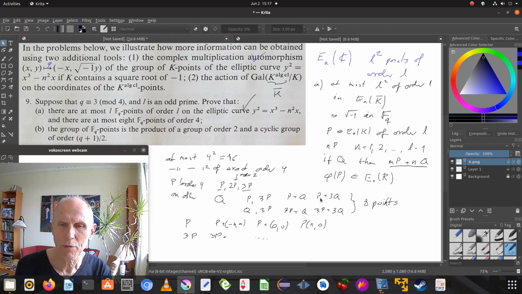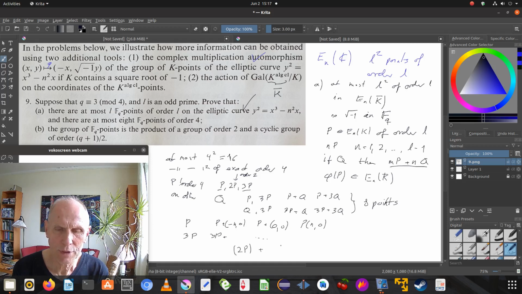That means we should be able to write the elements of order 4 as one of the elements of order 2, let's say 2p, the group generated by 2p, plus the group, and that's a direct sum, isn't it, of p plus 3q.